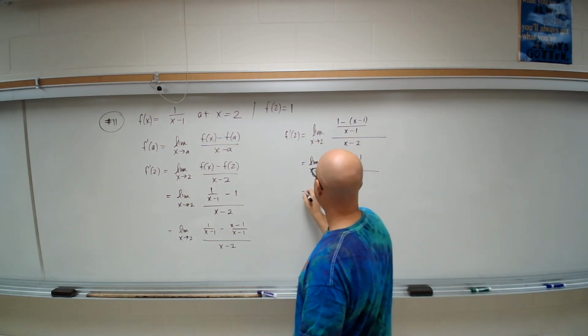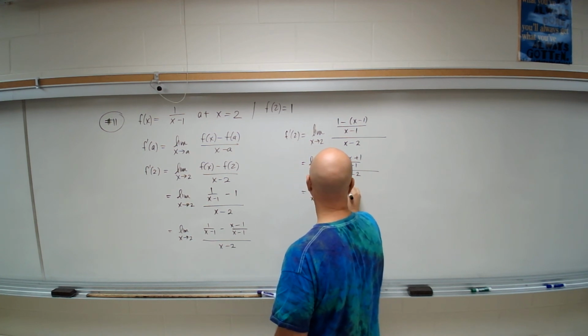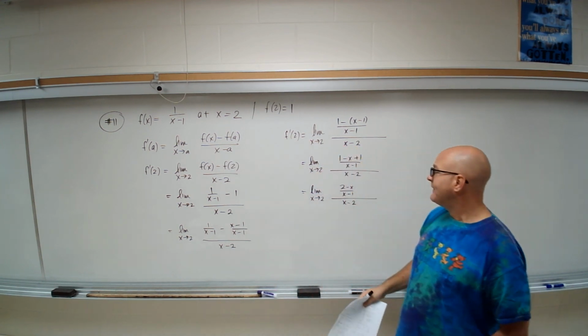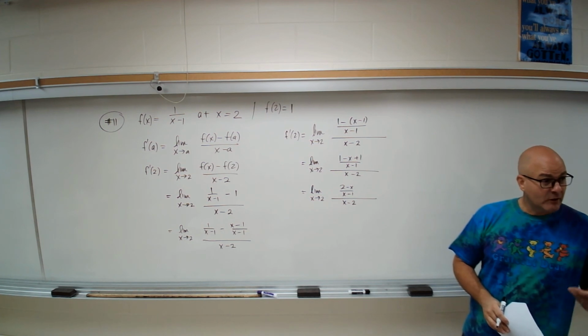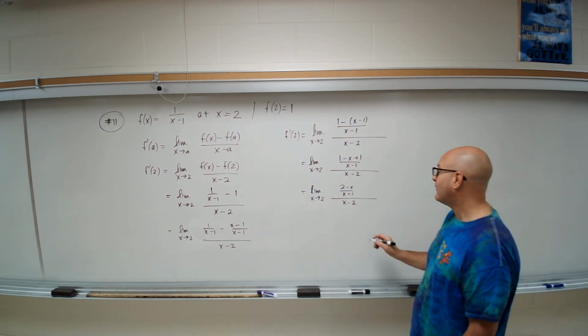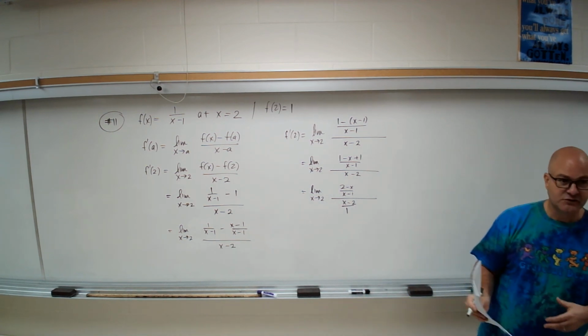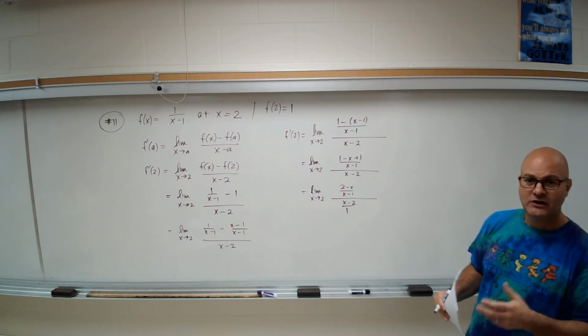We get the limit as x approaches 2, we get 2 minus x over x minus 1 over x minus 2. At this point, I'm ready to multiply by the reciprocal. For a lot of people, it may really be helpful to write x minus 2 as a fraction and just put it over 1, just to remember that when I multiply it, I take the reciprocal.